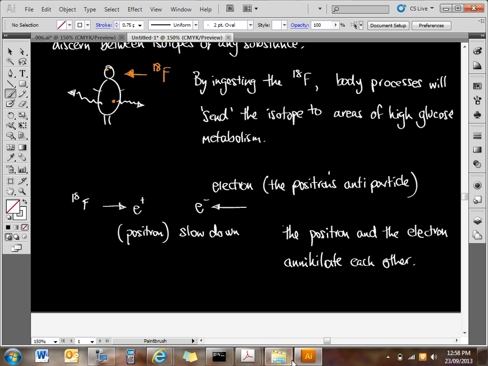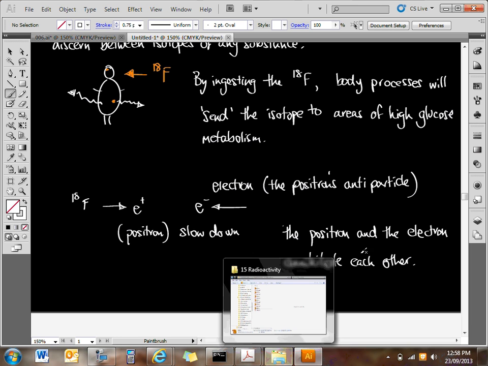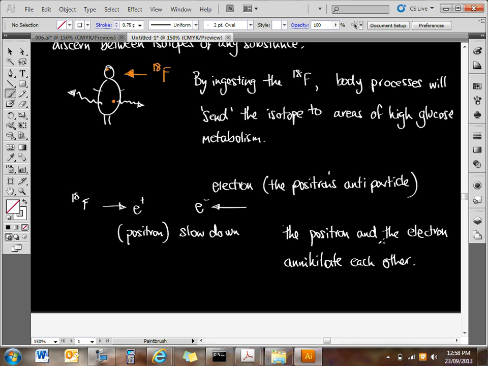Now, if I stop there, what's wrong with that? Why do they need to emit 2 gamma ray photons? Conservation of energy, conservation of momentum. Yeah, that's right. Absolutely. You can't just have these two things disappear and nothing happen.